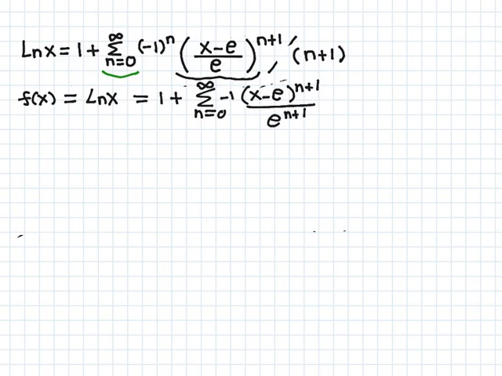And let's not forget negative 1 to the power of n in the front. And all of this is divided by n plus 1. So we now have the power series of the function log x in powers of x minus e.